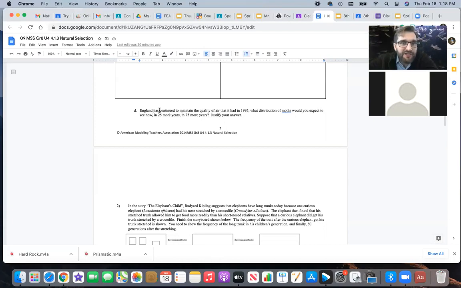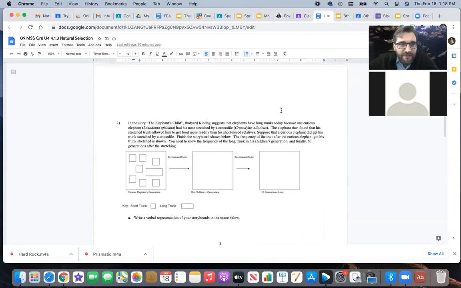So it was talking about England having continued to maintain the quality of air up to 1995, what types of things would we think that we would see with the peppered moth population 25 years after 1995, 75 years after 1995, and then justify your answer there.